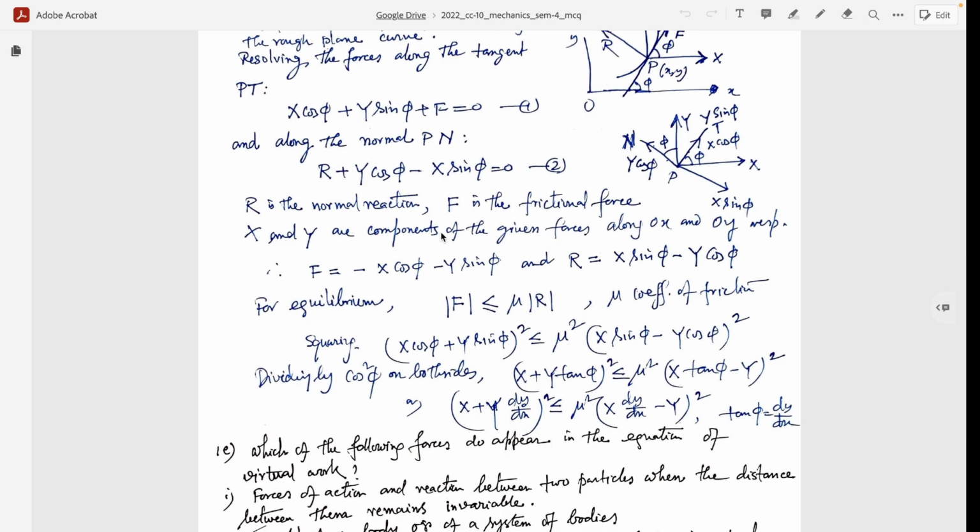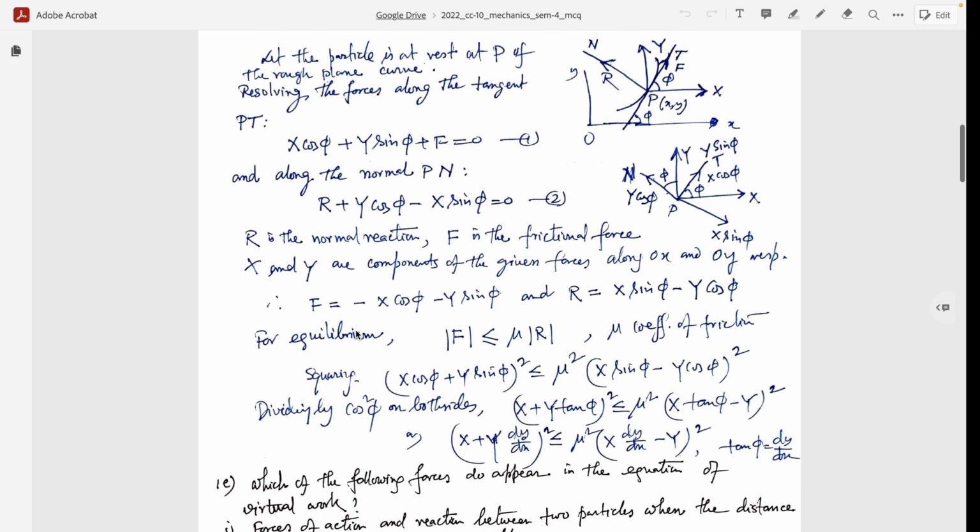From 1, F equals minus X cos phi minus Y sin phi, and R from 2 equals X sin phi minus Y cos phi. For the equilibrium position, the magnitude of F is less than or equal to mu times the magnitude of R; the force of friction is less than or equal to the coefficient of friction times the magnitude of the normal reaction. Squaring both sides, F square is less than or equal to mu square R square.